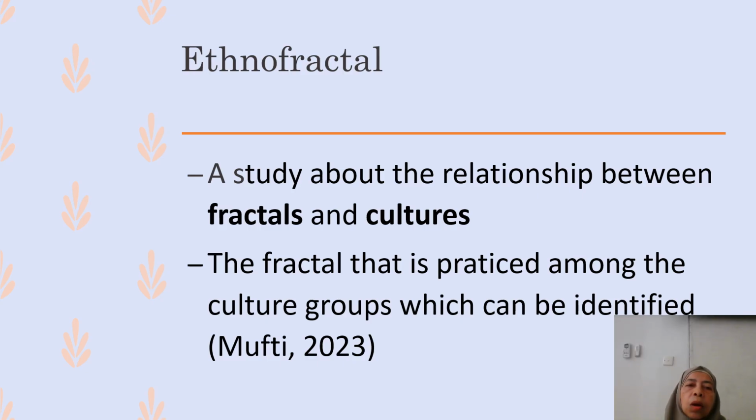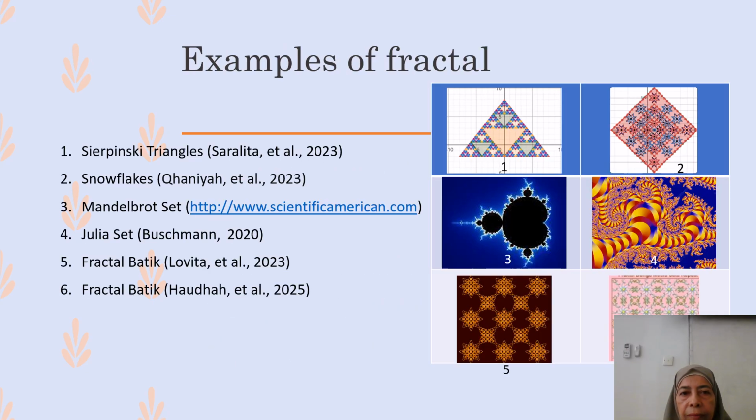And there's also the term ethnofractal that we do here, which is a study about the relationship between fractals and cultures. It is the fractal that is practiced among the culture groups which can be identified. For example, there are some pictures of fractal here.